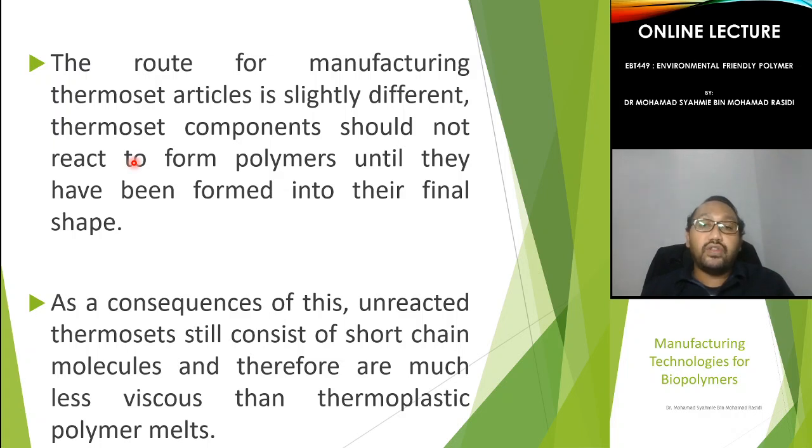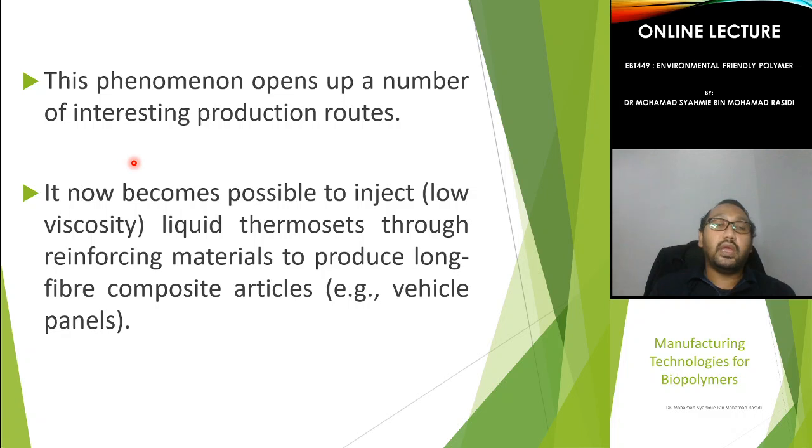As a consequence of this, unreacted thermoset still consists of short chain molecules and therefore is much less viscous than thermoplastic polymer melts. This phenomenon opens up a number of interesting production routes.